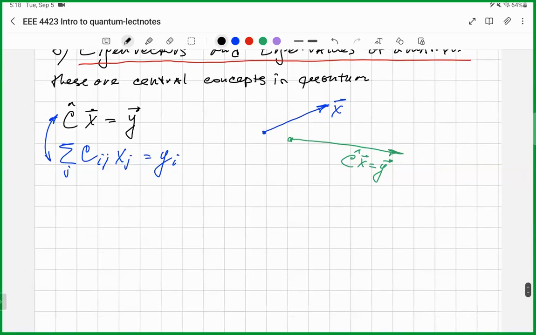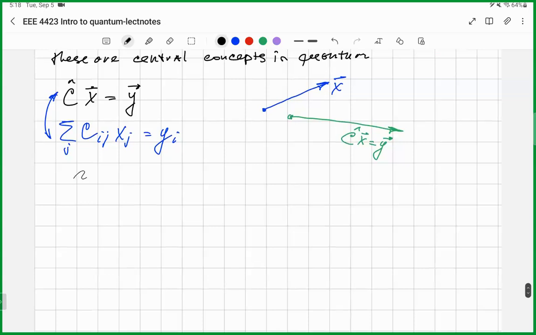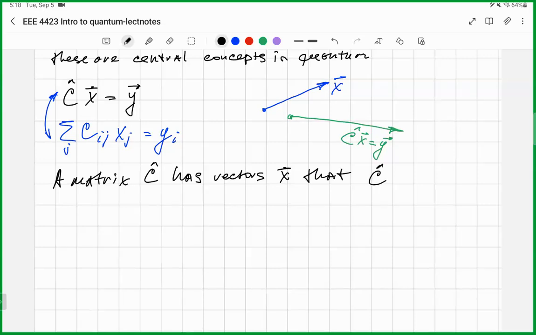So let's write it down. A matrix, for example our matrix C, has vectors x such that Cx are parallel to the initial vector x, and these are eigenvectors.